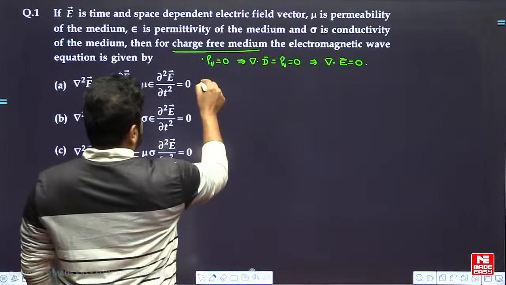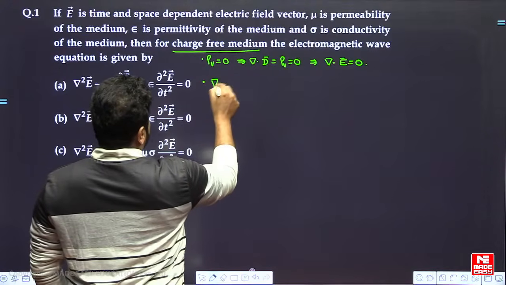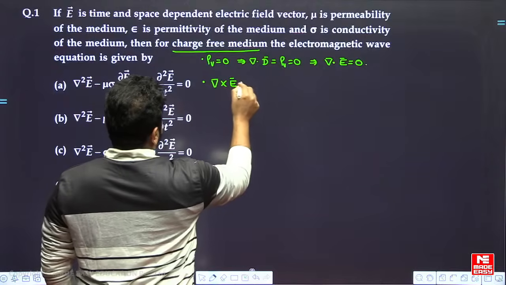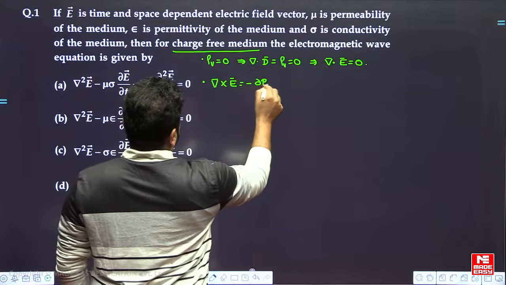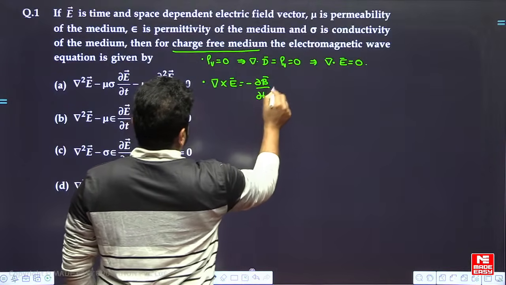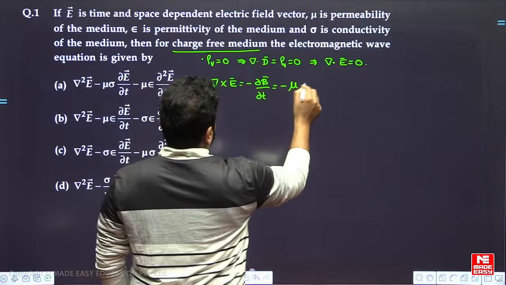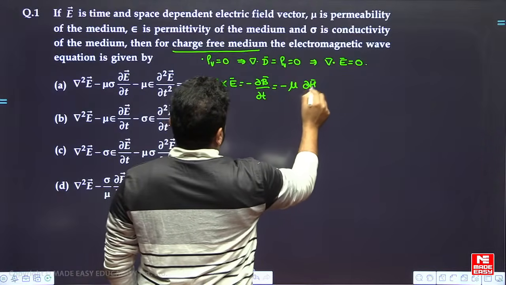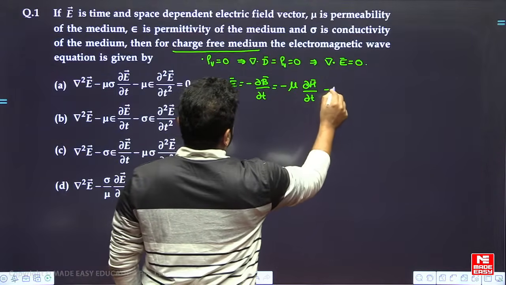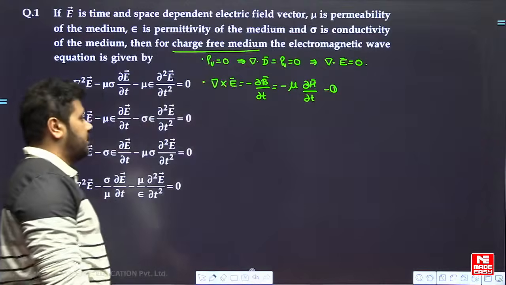Now we have Maxwell's equations. What are those equations? First equation, we know that del cross E is equal to minus del B upon del t, isn't it? So this is equal to minus mu times del H upon del t. Let us say this is equation number 1, correct.